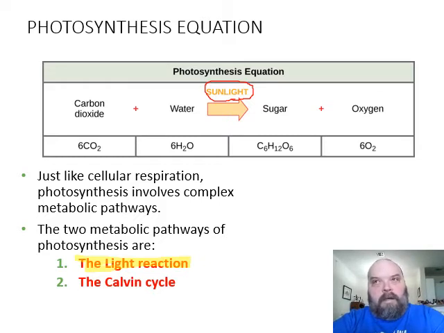These are the reactions that are going to be powered by photons of light, hence the name, light reactions. When you look at the light reactions, they are not responsible for the making of sugars. What they are responsible for is the production of ATP.